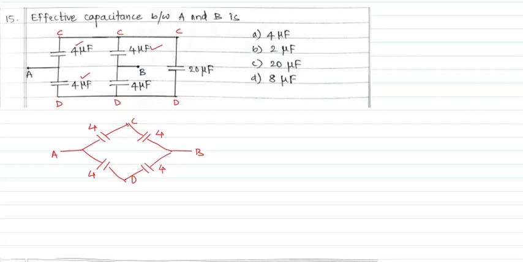Now this 20 is in between C and D. So the given figure is nothing but Wheatstone's network. And if you observe, it is balanced and all capacitors in arms are same. So C_AB will be equal to C, that is 4 microfarad, as it is balanced. So option A is the answer.